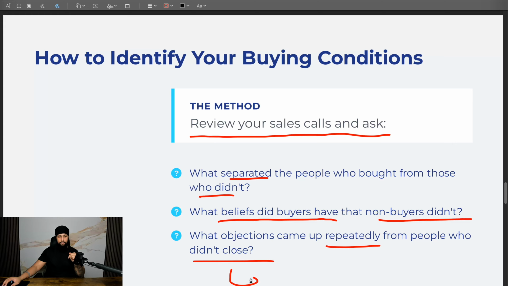Okay, little caveat here, make sure the people that didn't close that you're going after are the ones who were qualified but didn't close. This is who we're going after.